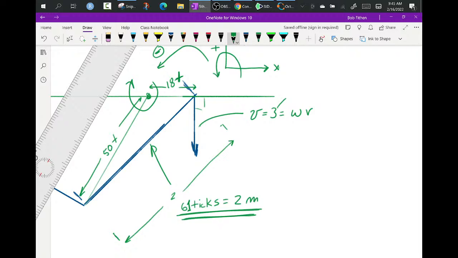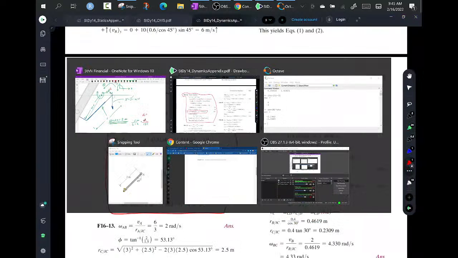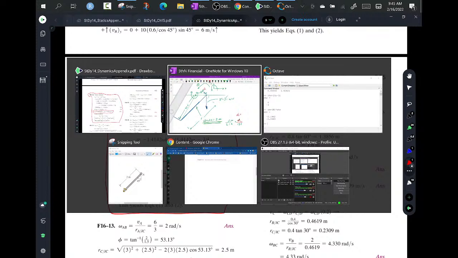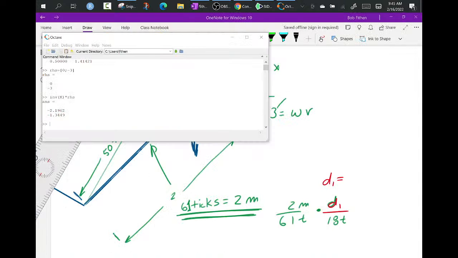So 2 meters is equal to 61 ticks. And if I multiply that times the distance, say D1, over 18 ticks, I get a distance D1 equal to here.